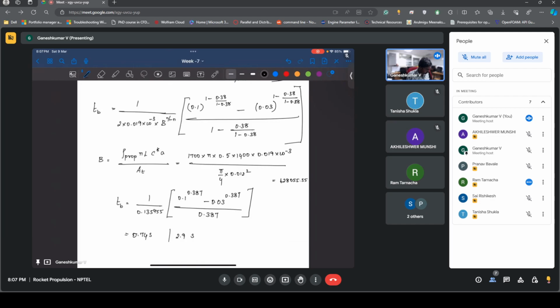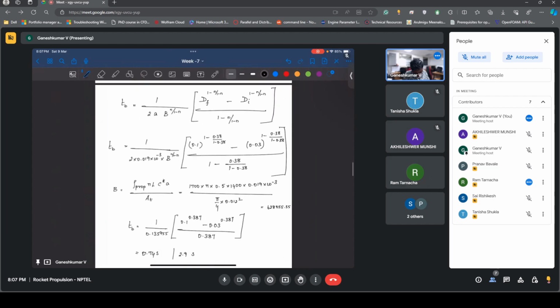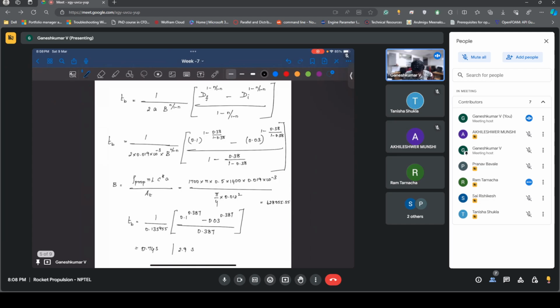I'm just cross checking whether the formula I wrote is fine or not. So they wrote it in terms of 1 minus 2n by 1 minus n. So we get the same thing.